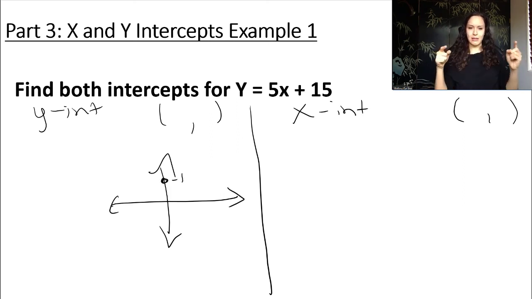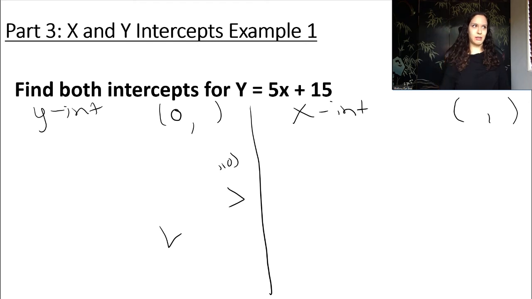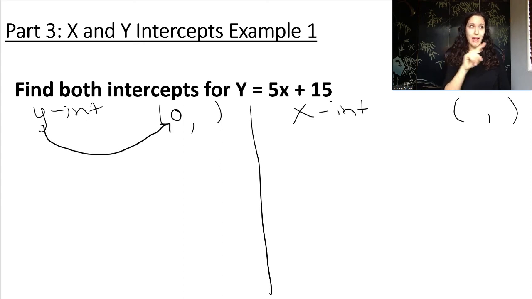I'm going to pick a random point. If that were positive 10, what's the coordinate? 0, 10. Oh, it should be the x. Or think of the opposite way. Look, if you're finding the y, x is 0. It's the opposite. So if you're finding the y, you plug in 0 for x. If you're finding the x, plug in 0 for y.